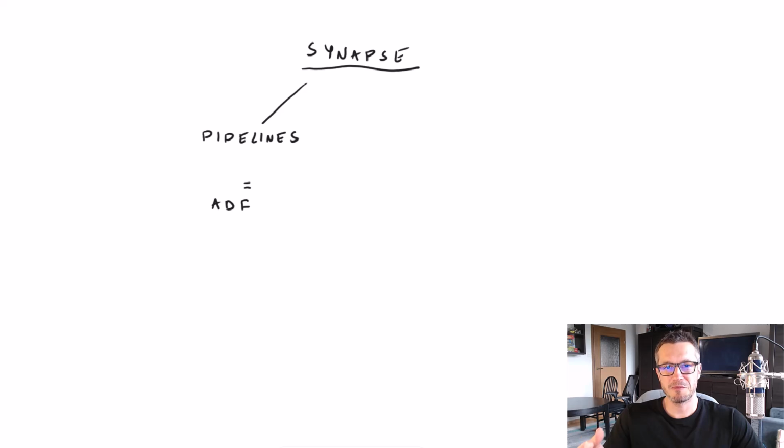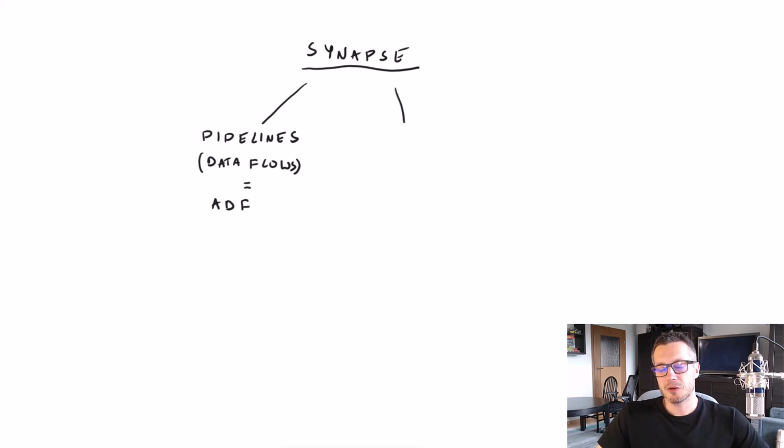Also, as a part of pipelines, we know that we've got data flows. The same stuff as in case of Data Factory. And data flows can be used to transform our data in a visual way without writing any code. So that was the first component.